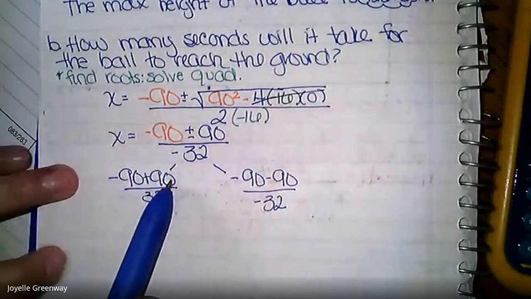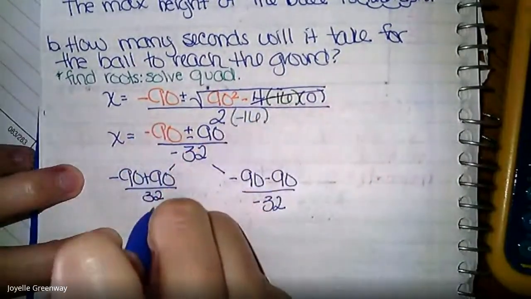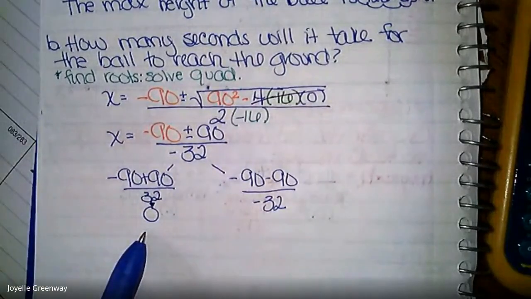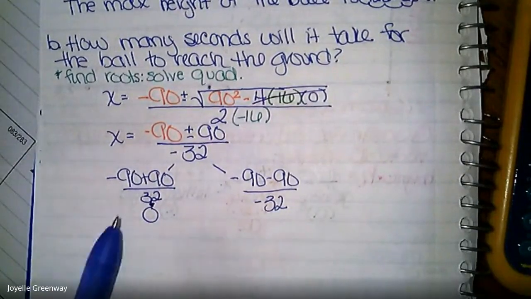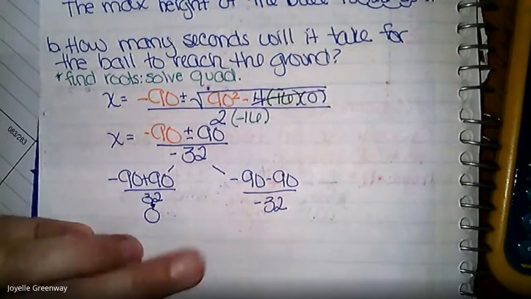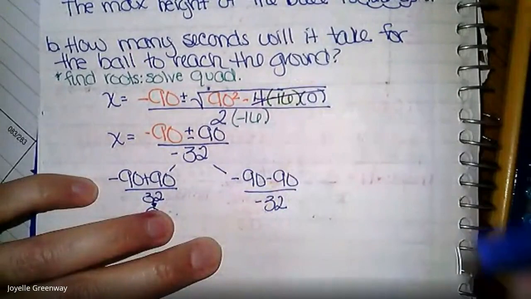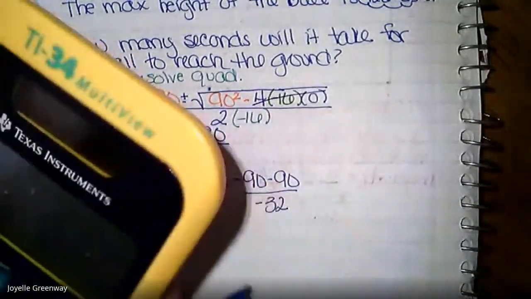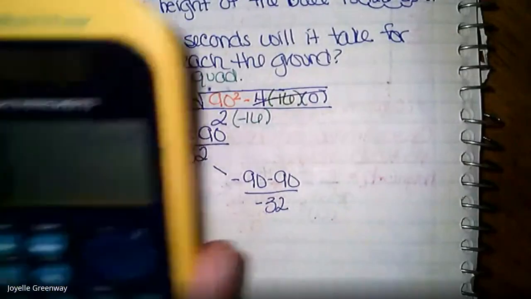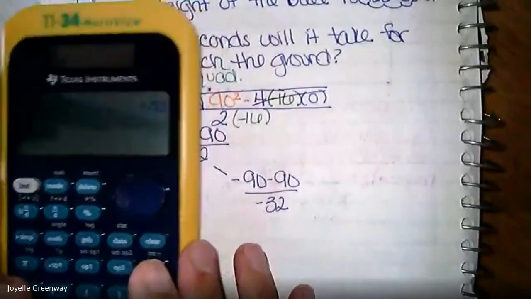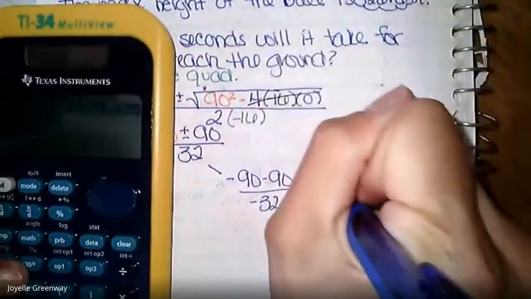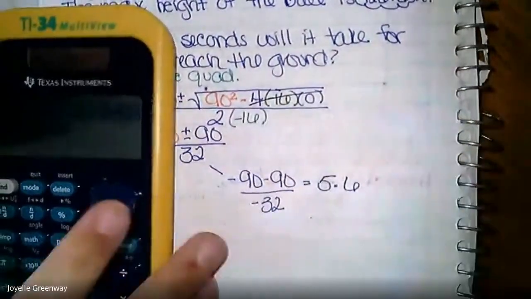Negative 90 plus 90 is going to give me 0. That makes sense because it started at the ground, so my initial height was 0 and one of my roots should be 0. Then I have negative 90 minus 90, so negative 180 divided by negative 32, and I get 5.625. So let's say about 5.6.